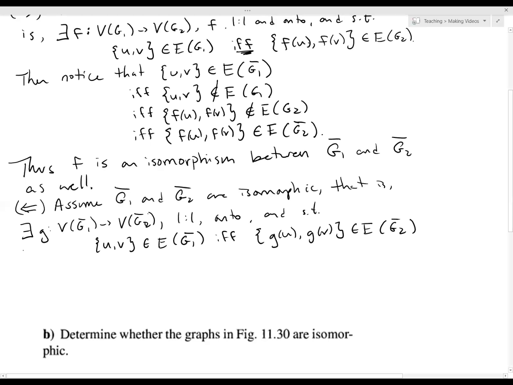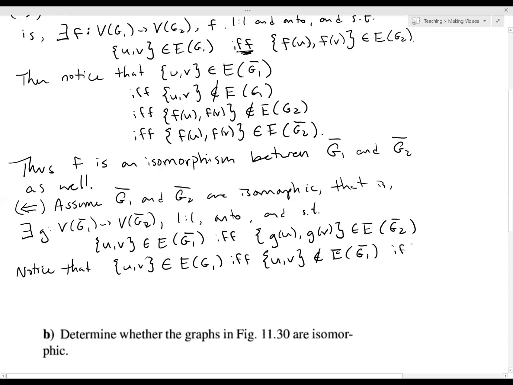Okay, but notice that UV is an edge of G1 if and only if UV is not an edge of G1 bar if and only if g of U, g of V is not an edge of G2 bar if and only if g of U, g of V is an edge of G2.